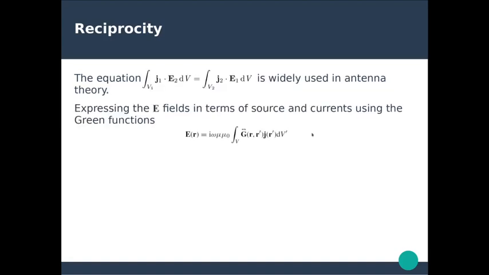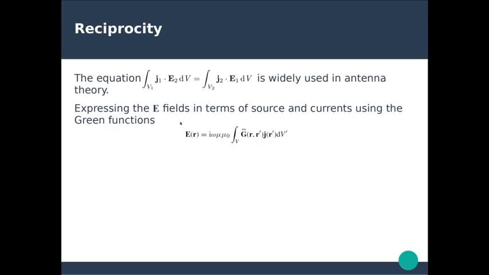So the equation, as I said, is widely used in antenna theory, but also here in nanophotonics. What we can do is also express these electric fields E1 and E2 in this reciprocity theorem in terms of sources and currents.